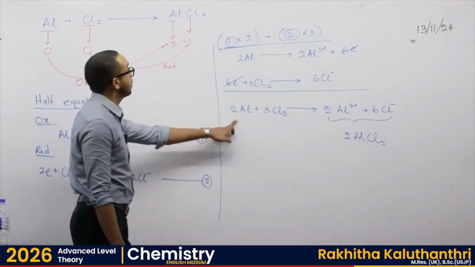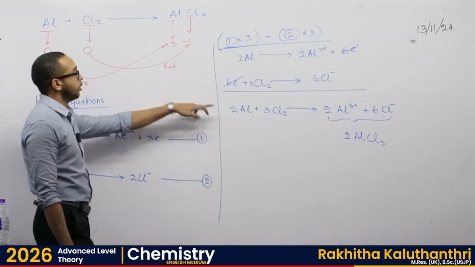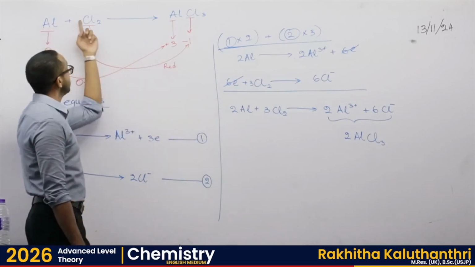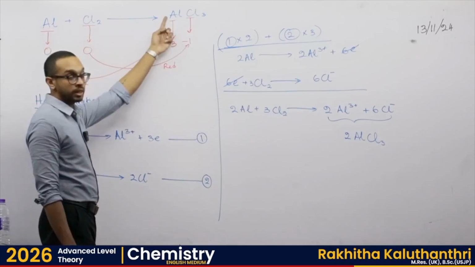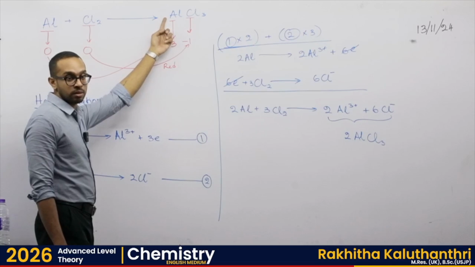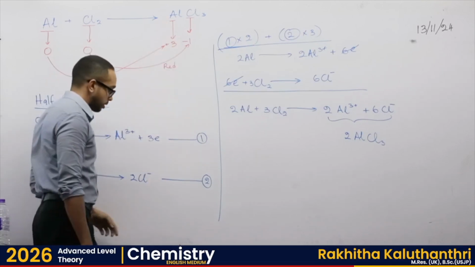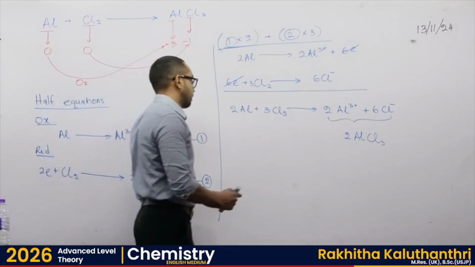Basically like this. Now I balance this equation. I now have 2 here, 3 here and 2 here. I have balanced the equation. Is that clear? So I'm expecting you to do the same with the following questions.